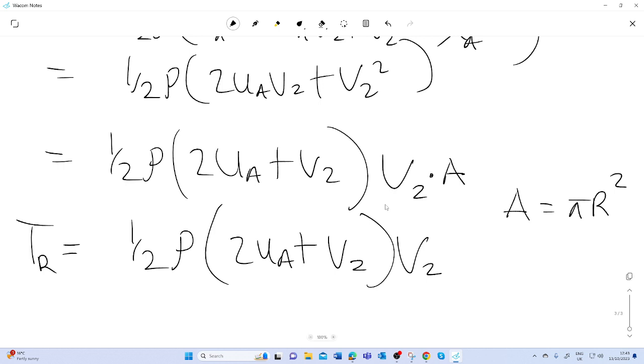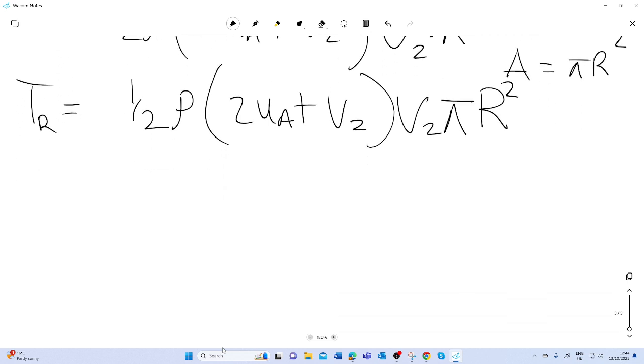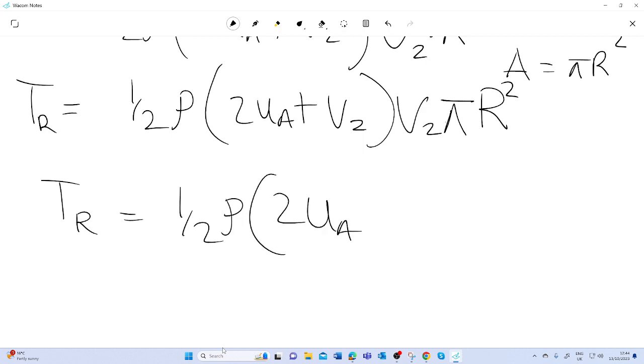So it becomes pi r squared. So the thrust becomes half rho V2 (2UA plus V2) pi r squared.